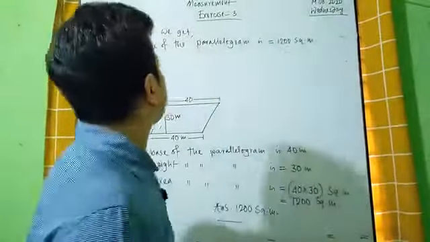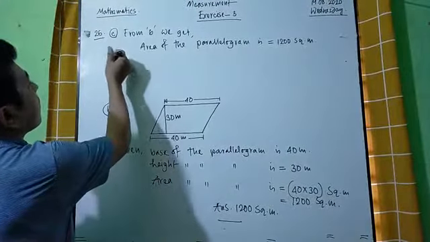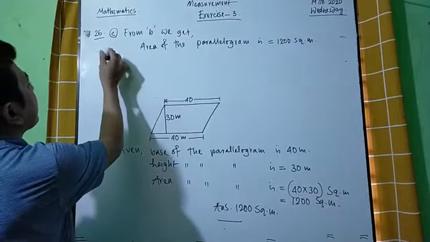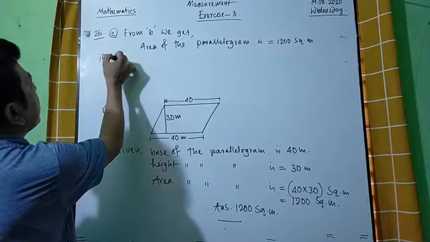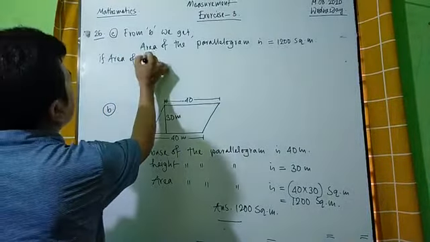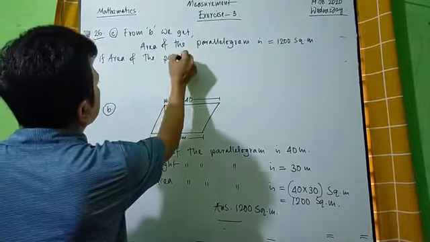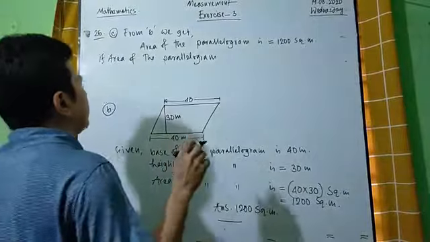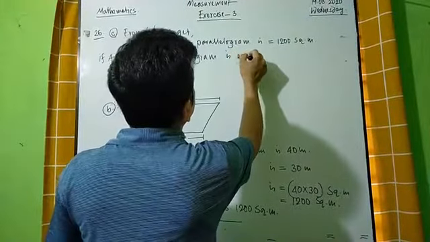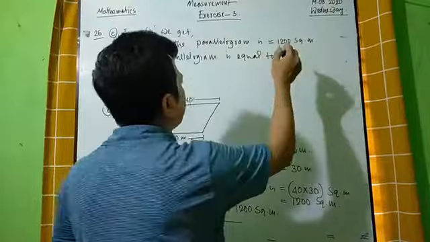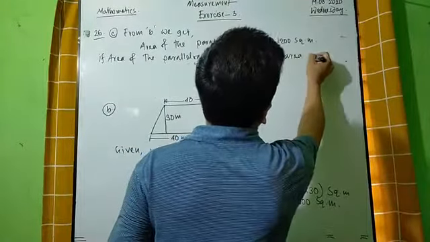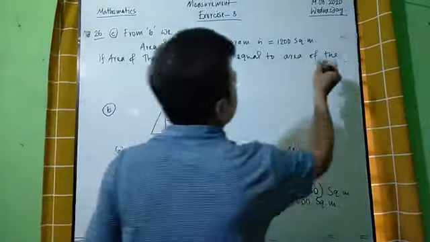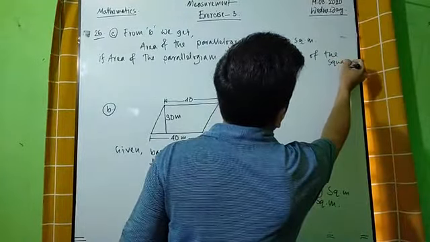So let, okay, if we can write even one line more, no problem. If area of the parallelogram is equal to area of the square, we can write area of the square.